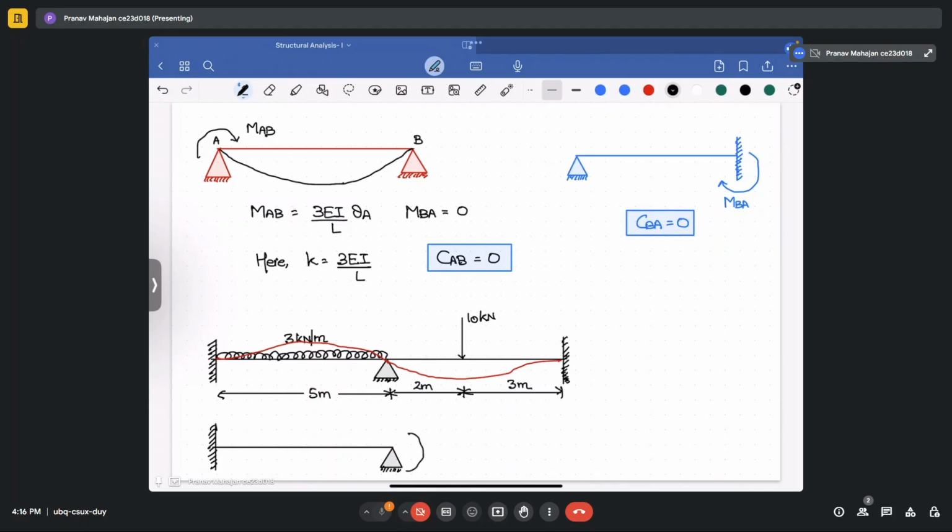So here the moment will be applied, that will be MBA, and due to that moment, the beam will be deflected in this shape like this.